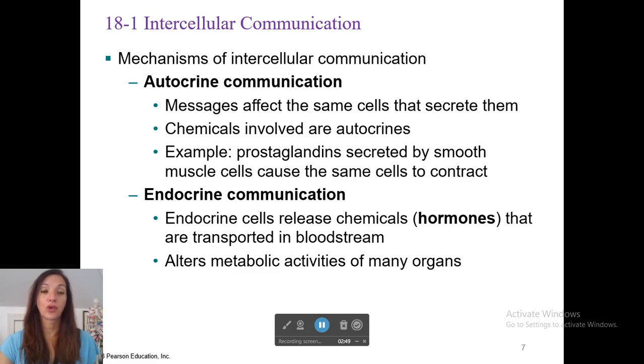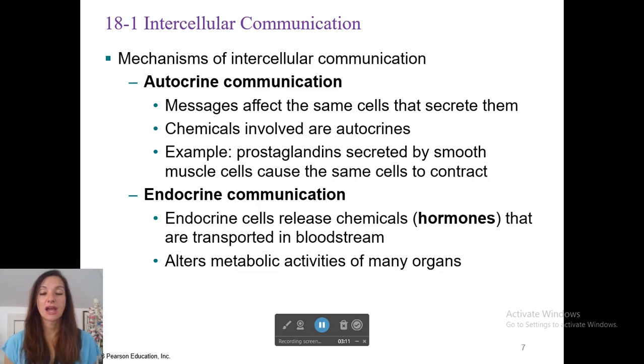Now, true endocrine communication happens when the chemicals released, as we said, are hormones, and they're transported through the blood to target cells. And the target cells can be far away from the point of origin of the hormones.